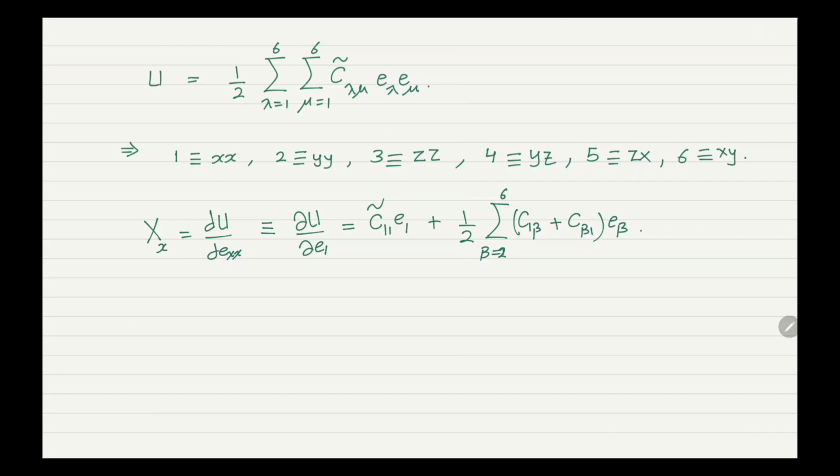Note here that the only combination which enters the stress-strain relations is half of Cαβ plus Cβα, which leads to Cαβ equal to half of Cαβ plus Cβα, or equal to Cβα.